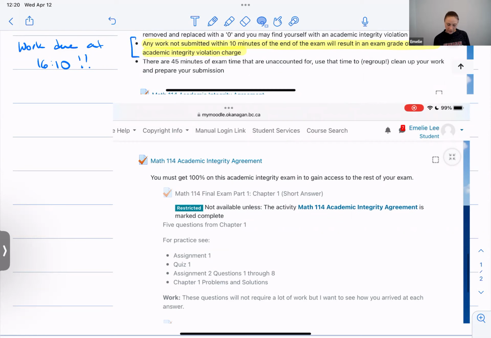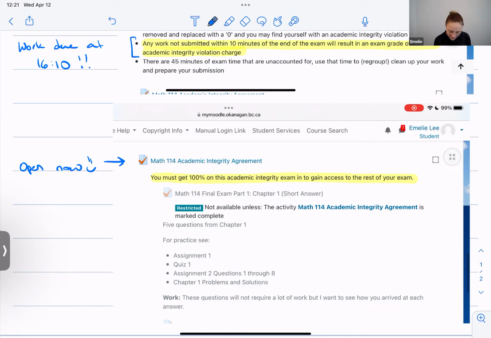Okay. So moving on. We've got that academic integrity agreement. You have to do it to gain access to the rest of the exam. It's open now, so you can just get it done and not have to worry about it.